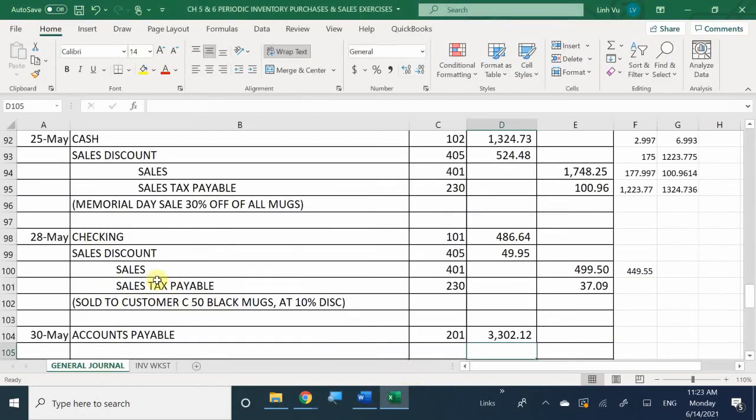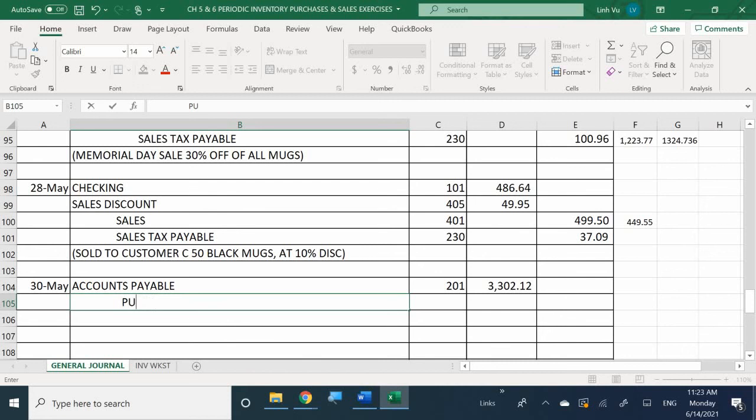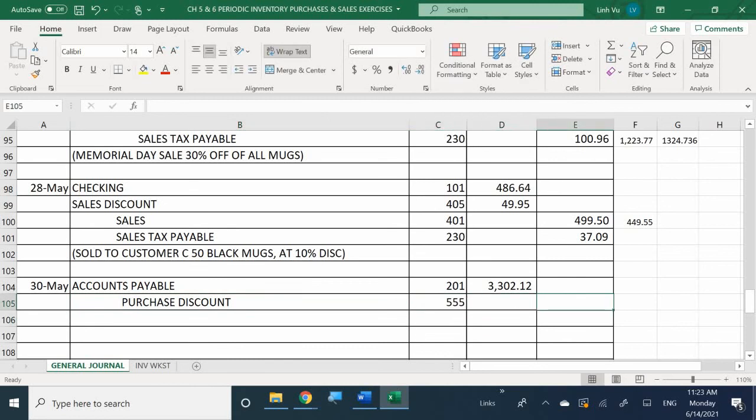So in this case, now that you recognize that, that's going to be my first credit, because I'm not paying in full of everything I owe. On one of the bills, I get a 5% discount, so I have a purchase discount, which was account 555.